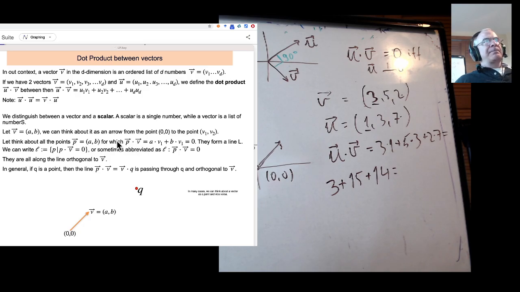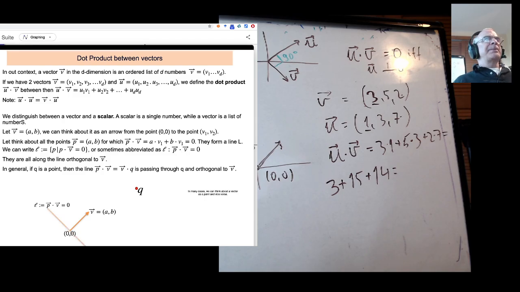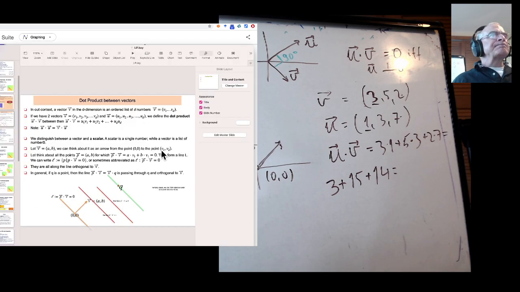What is P dot product V? I'm just writing it explicitly. It's the first parameter of P, namely A, times the first parameter of V, namely the scalar V1, plus, just repeating the definition of dot product, B times V2, which should equal 1.